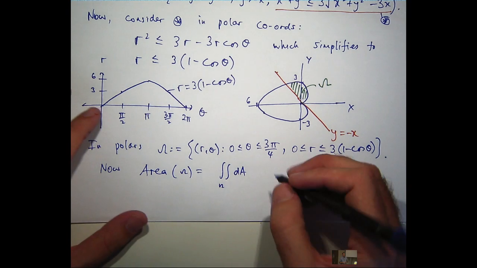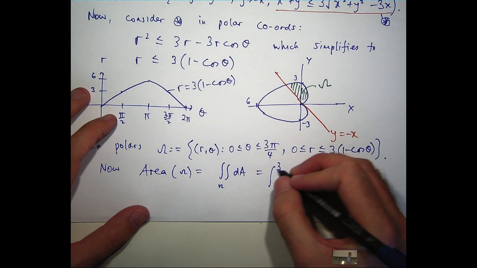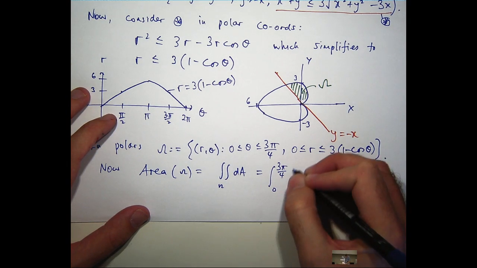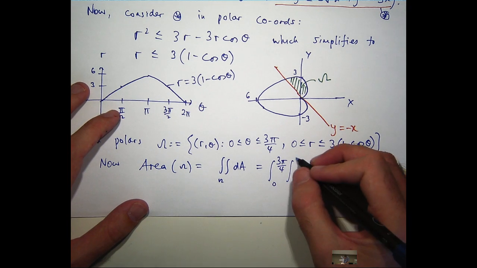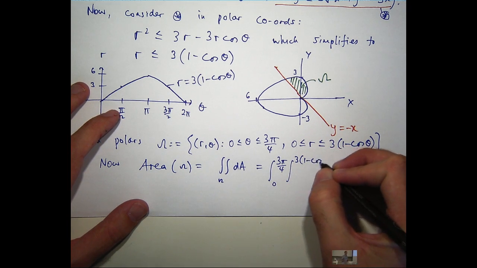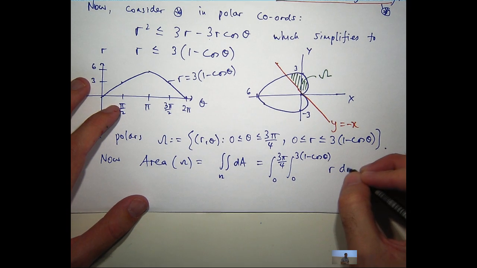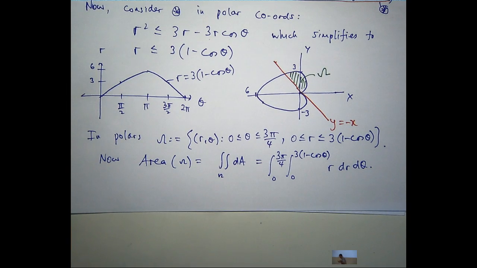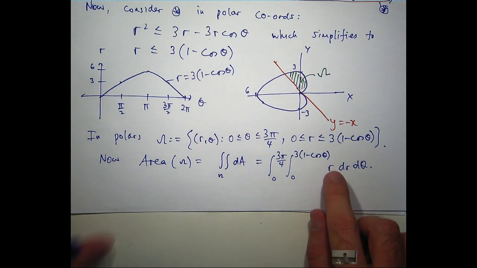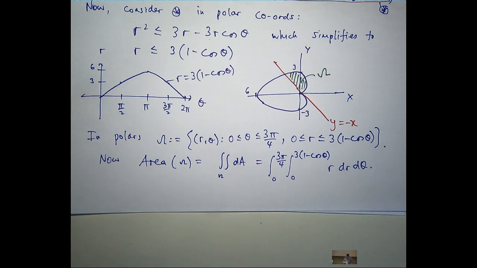In this case, I want to move to polars, so I'm replacing my dA with r dr d theta, and that's going to be my double integral. Now, you're going to be integrating r, you'll get a half r squared, substitute in and then integrate again. I'm going to leave you to do that.